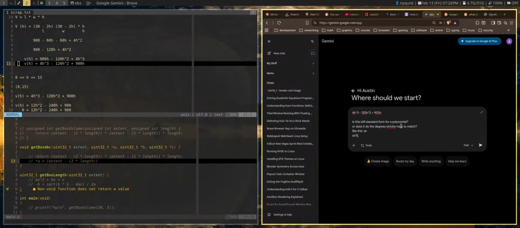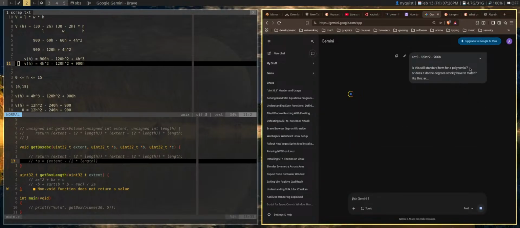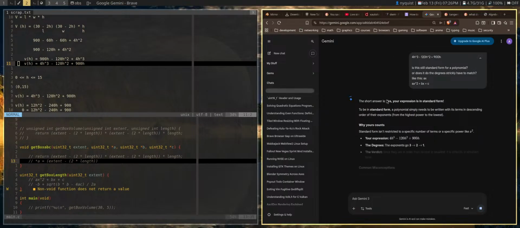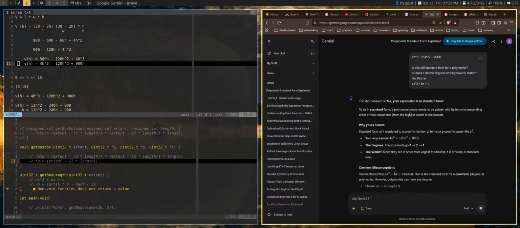Ax to the power of 2 plus bx plus c. I wrote that a little wrong. Dang it. Yes, your expression is in standard form. To be in standard form, it probably needs to be written out in terms in a descending order in your exponents. Okay.